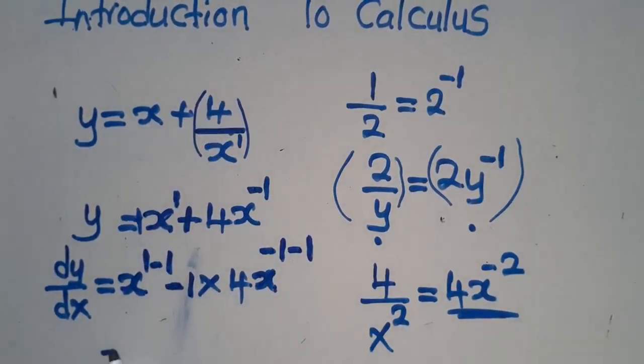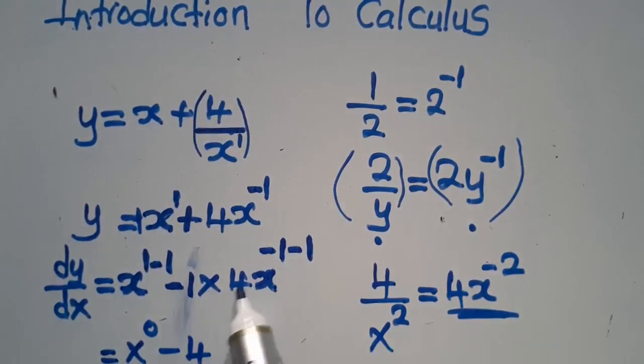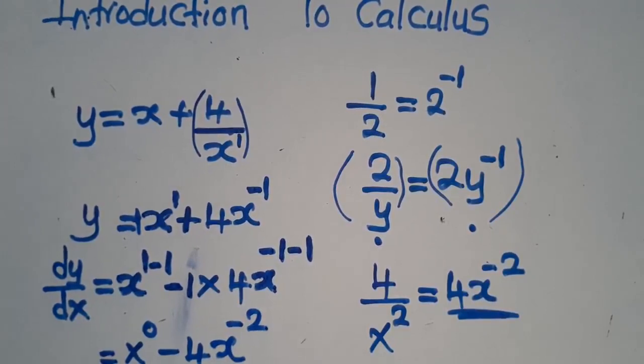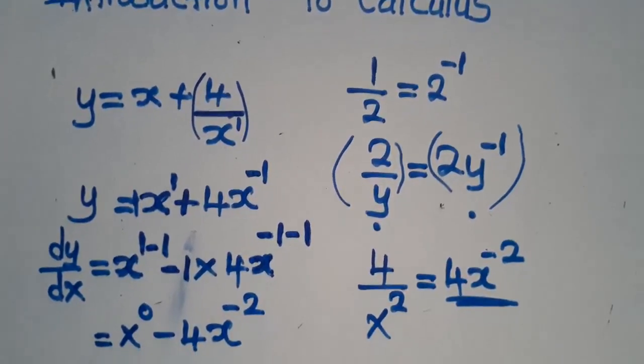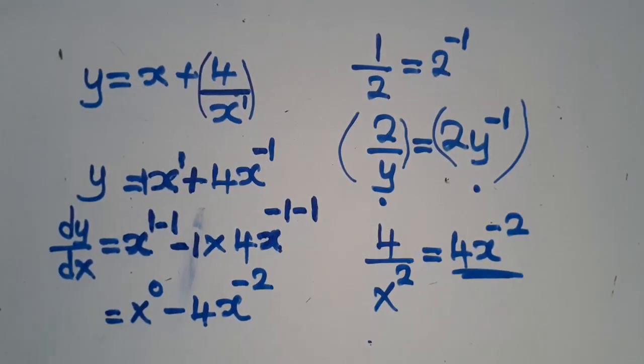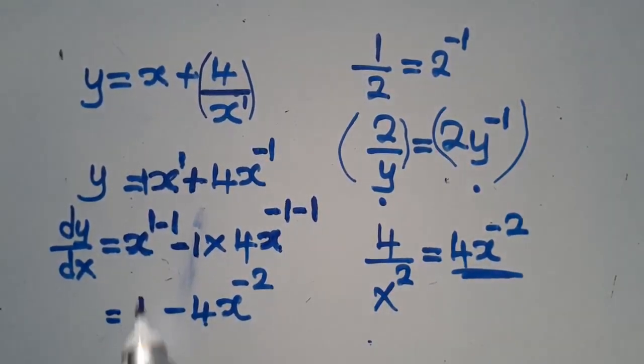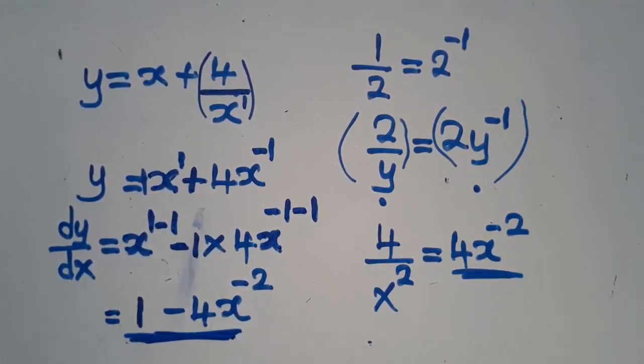Where you are going to have your answer, there you are going to have x power 0 minus 4. 1 times 4 is 4. X power negative 2. You've got something like this. So now, how can you work out this? Anything to the power 0 is 1. So here, don't put x power 0, just put a 1. This one on its own is an answer.